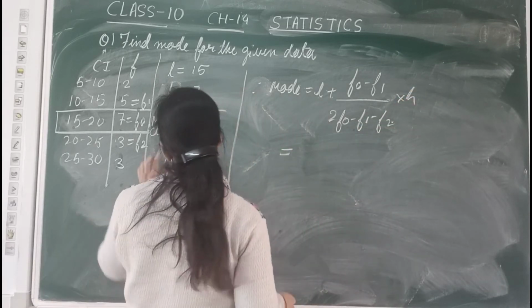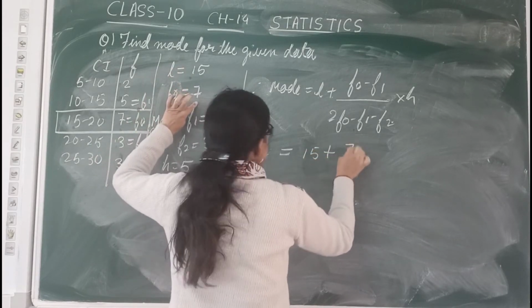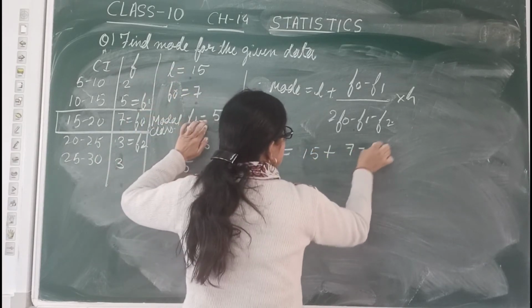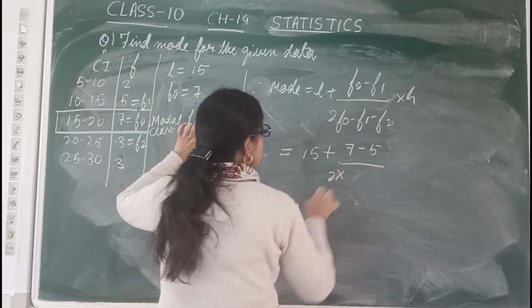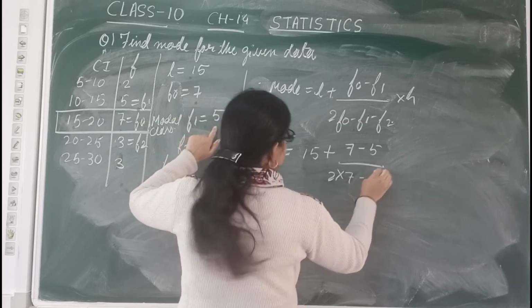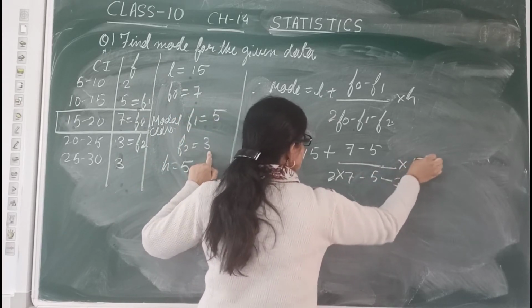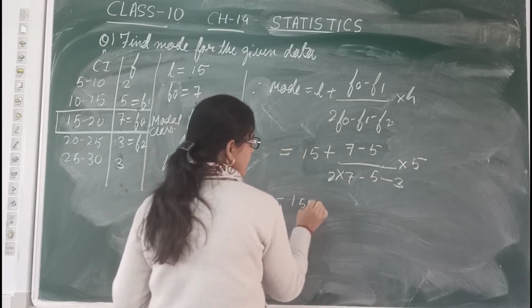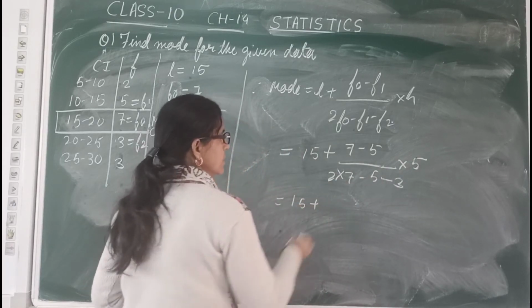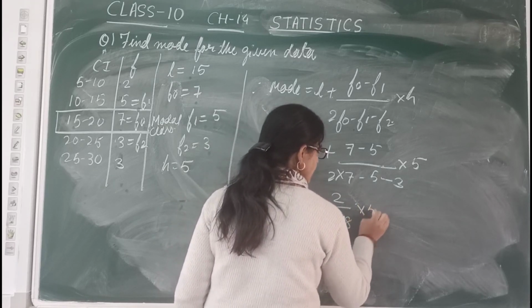So this will be equal to L value 15 plus F0 is 7 minus F1 is 5 divided by twice into F0 is 7 minus 5 minus F2 is 3, into h. h is 5. This will be equal to 15 plus 2 by 14 minus 8 into 5.